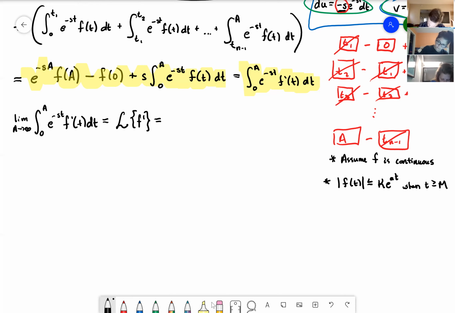So what this tells us is that f is continuous, so it's at least piecewise continuous, a fortiori. And it's of exponential order with the growth rate a, and so the Laplace transform of f exists for s greater than a, or the real part of s greater than a.